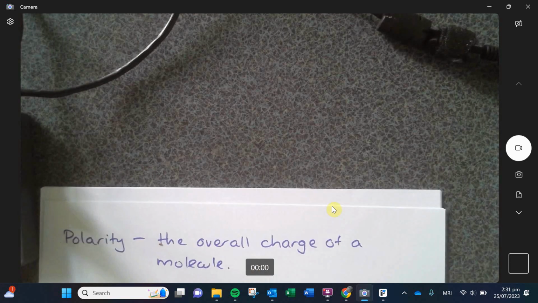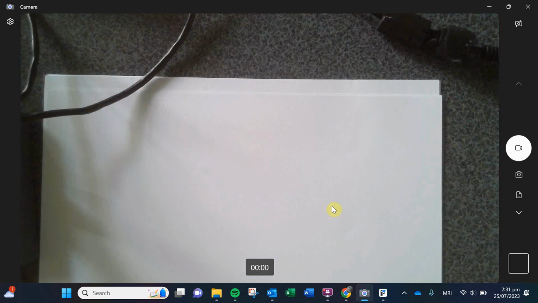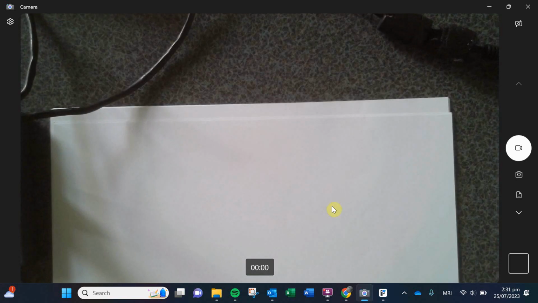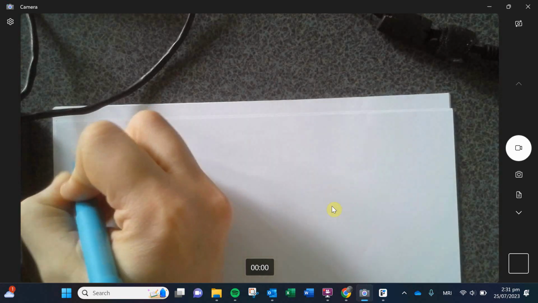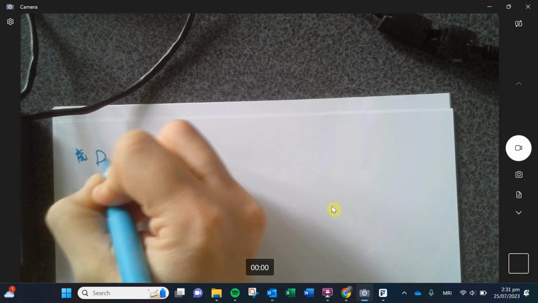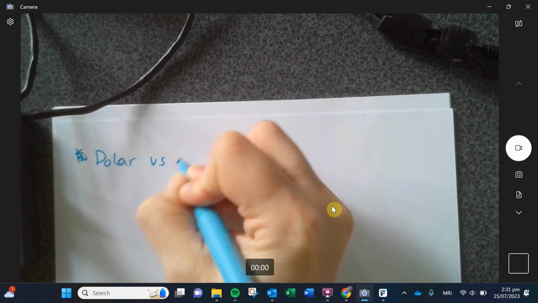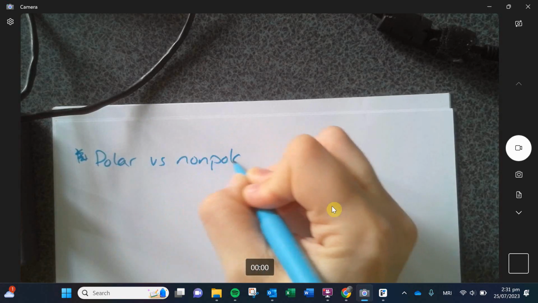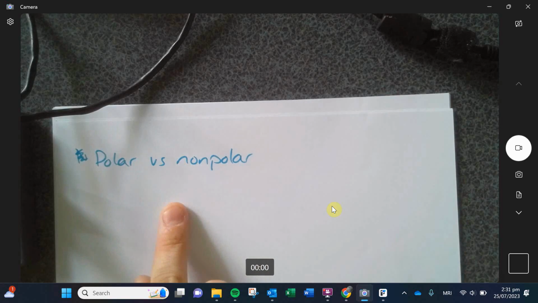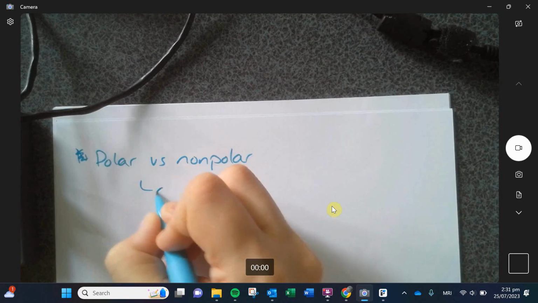So some things to keep in mind. Terminology is really important when it comes to this question, so just be careful when you are writing your answers. When you are commenting on polar and nonpolar, you can only use that reference when we're talking about covalent bonds.